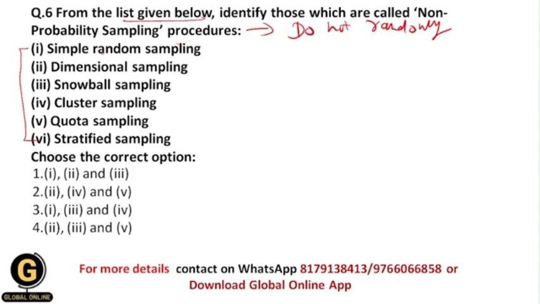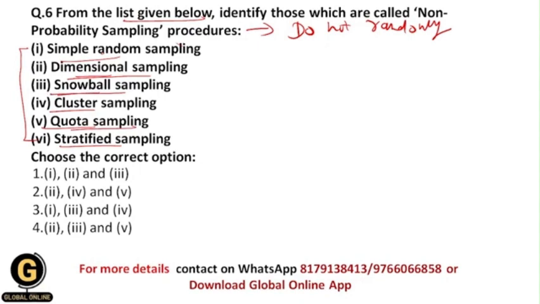Okay, so let us see the different sampling procedures here: simple random sampling, dimensional sampling, snowball sampling, cluster sampling, quota sampling, stratified sampling. From these, dimensional sampling, snowball sampling and quota sampling are the non-probability sampling procedures.